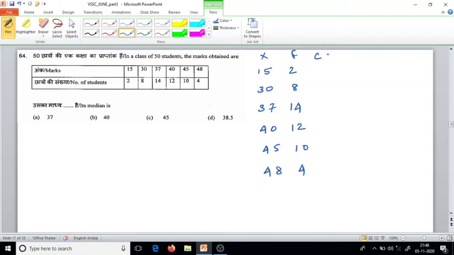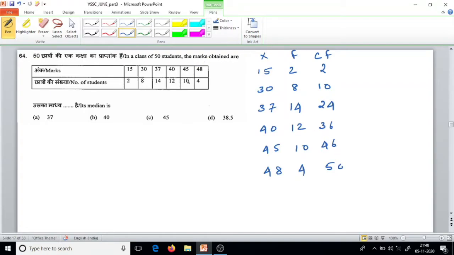Now 2 plus 8, 10. 10 plus 14, 24. 24 plus 12, 36. 36 plus 10, 46. Plus 4, 50. So 50, which the question already told.